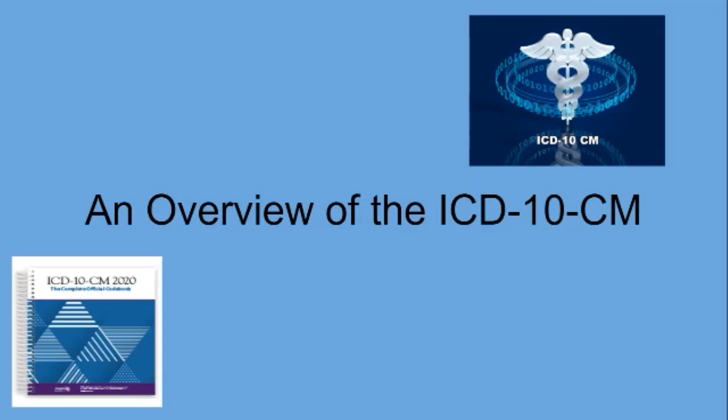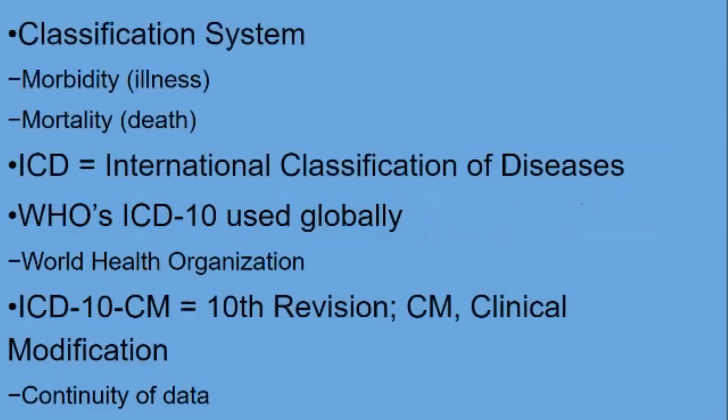It is designed for the classification of patient morbidity and mortality information for statistical purposes. My goodness, that word kind of threw me. Statistical purposes, and for the indexing of health records by disease and operation for data storage and retrieval.